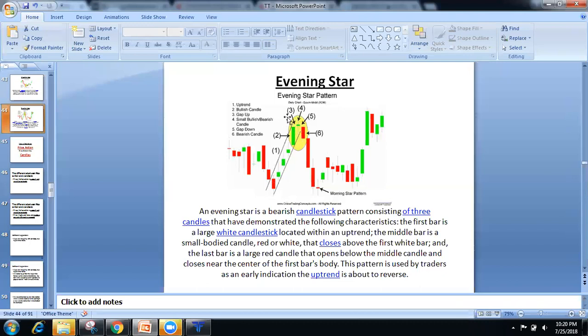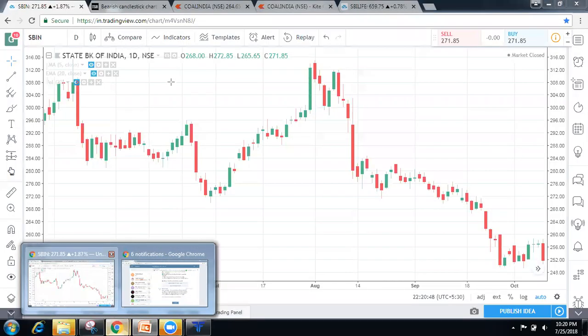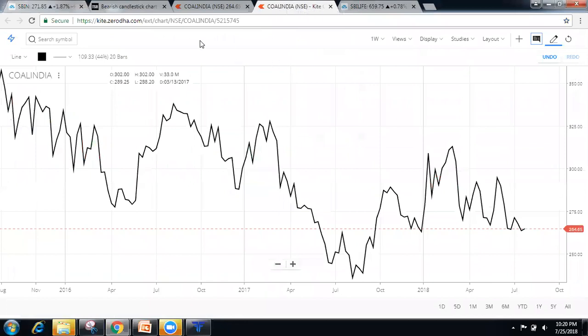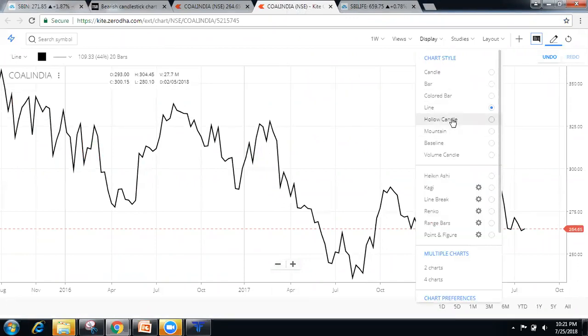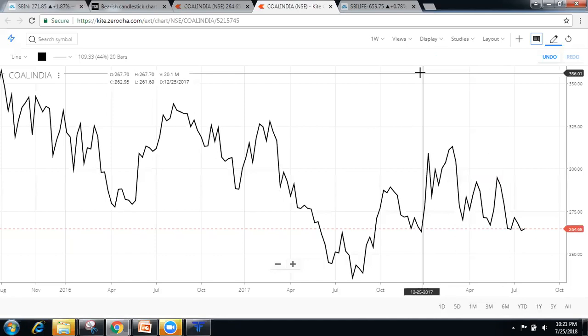The height of this complete pattern, the price difference from this doji to this low, can be your target when this morning or evening star is happening. Now I will go to here, and I will change it to candlesticks.